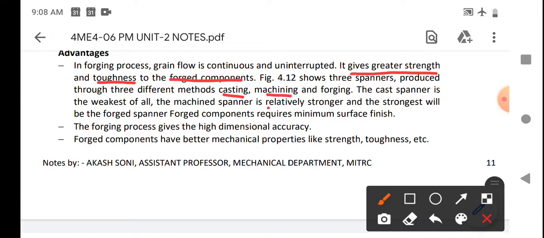In the first method, we refine the material and make big rods, billets or sheets by the casting process. After that comes machining and then forging. The cast specimen is the weakest of all. The machined specimen is relatively stronger, and the strongest will be the forged specimen, which requires minimum surface finish.